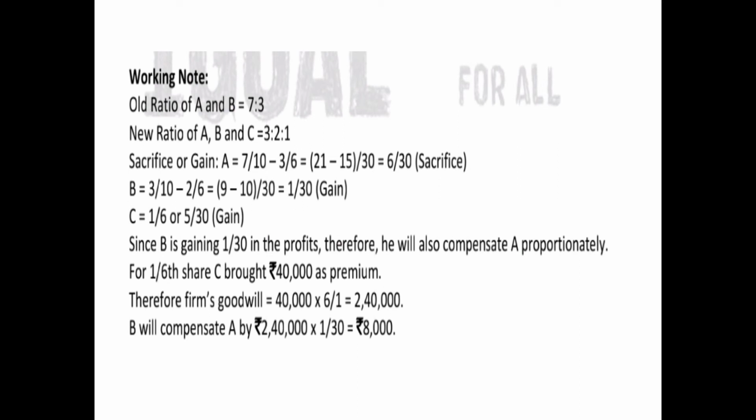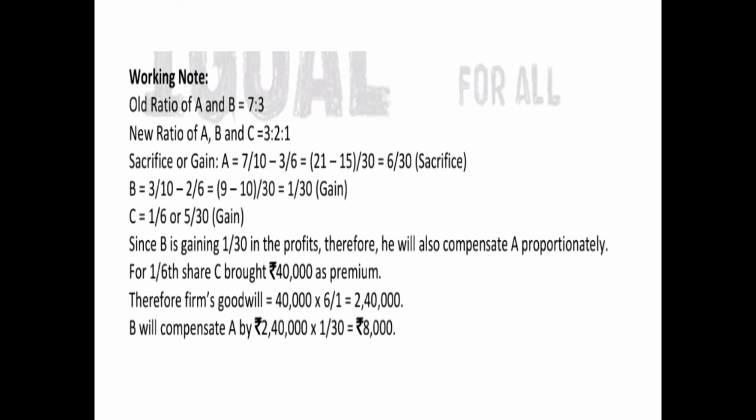So the goodwill brought in by C is 40,000, his share is 1/6, the reciprocal of which will be 6/1. So 40,000 into 6/1, and the firm's goodwill comes to rupees 2,40,000.